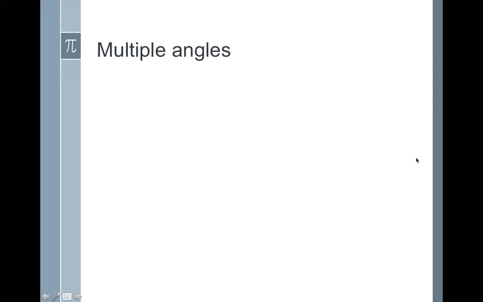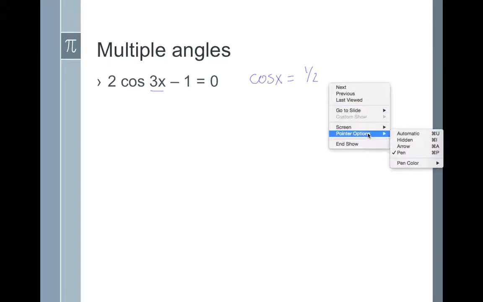All right, what else? Last type of example here is something that happens with multiple angles. And that would be something like this. The multiple angle being this 3x here. Now this works exactly like before, so we're going to add 1 and divide by 2. Oops, let's fix that so I don't screw this one up.